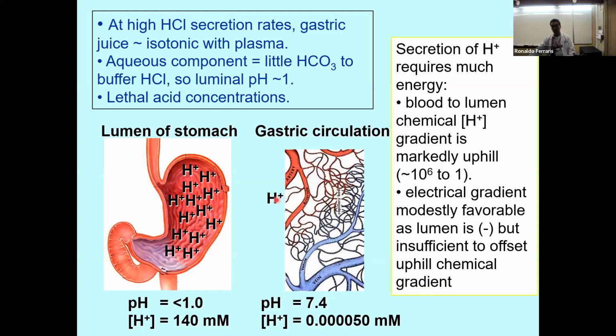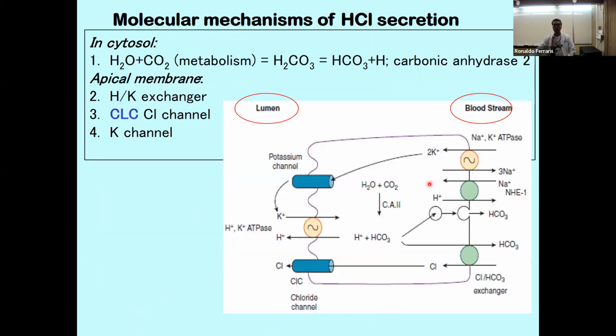So again, there is an enormous chemical gradient from blood side to lumen side, or from cytosol to food side. And this is your parietal cell, ladies and gentlemen. So this is the food side, this is your blood side. This is where your steak is.